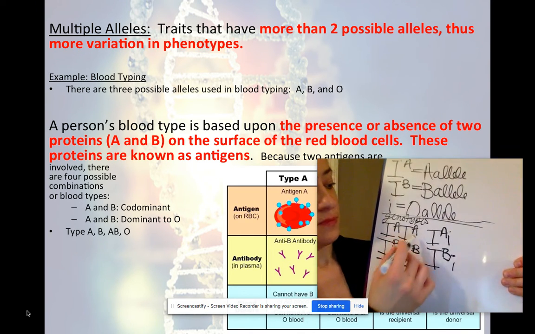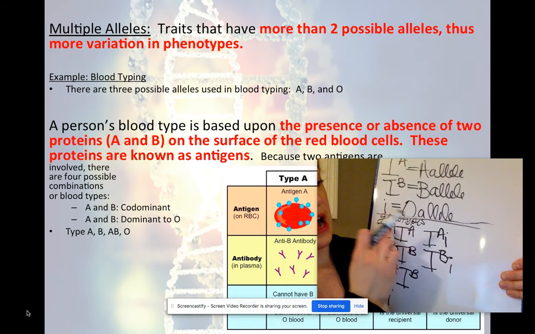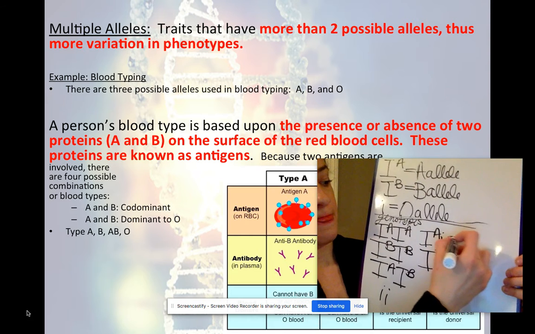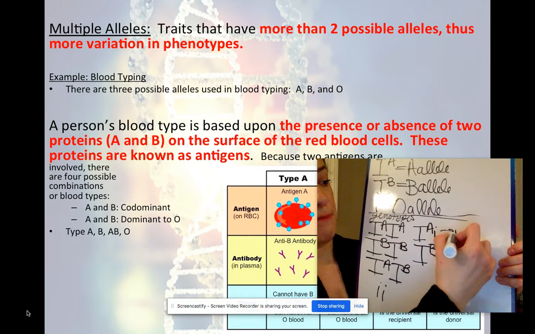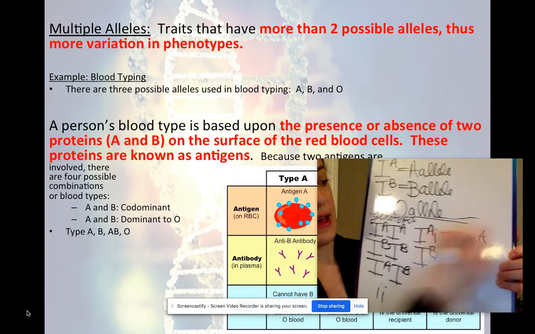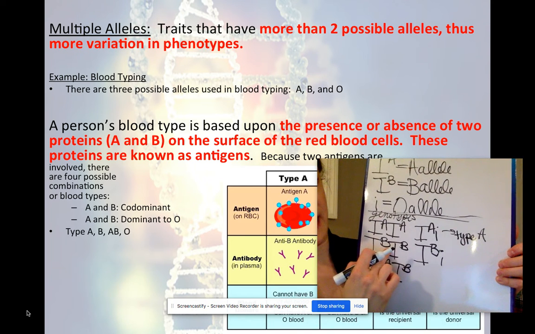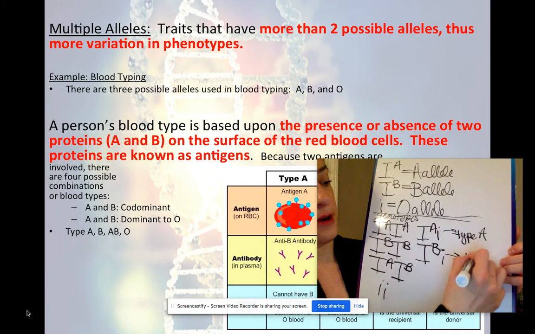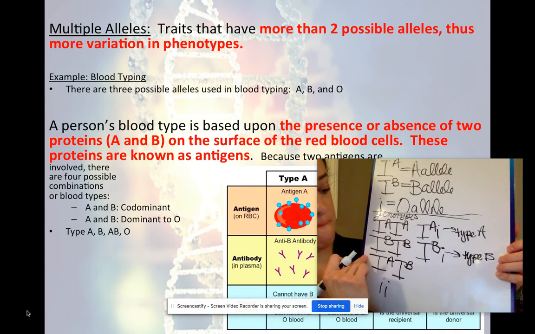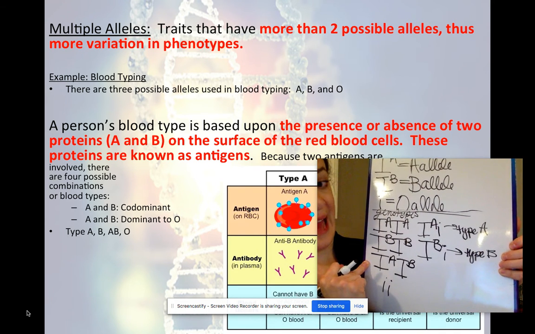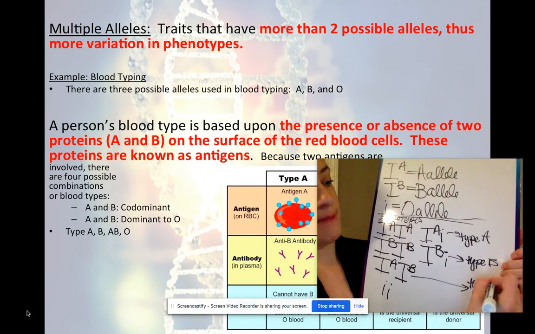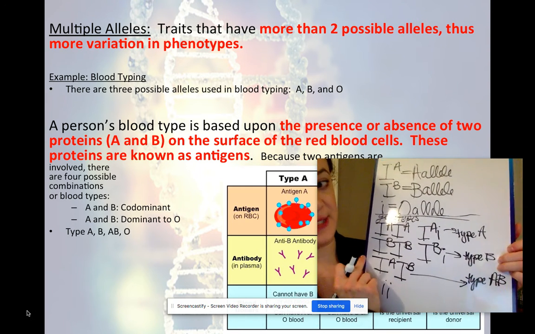So if you are IA, or IA lowercase i, then you could be blood type A. If you're IB or IB lowercase i, then you are blood type B. If you are IA, IB, that's the only genotype for type AB blood.